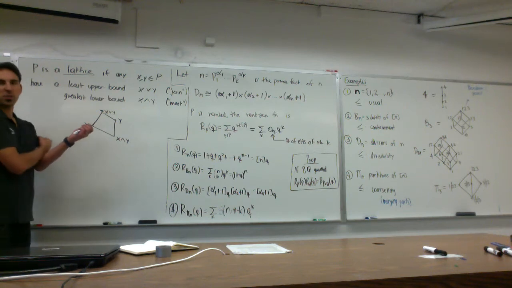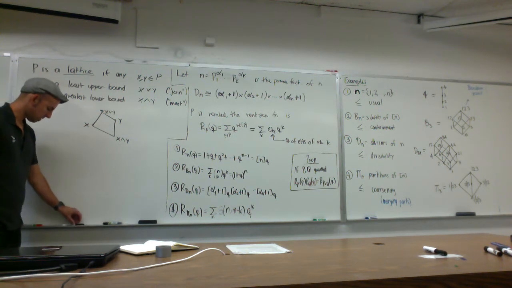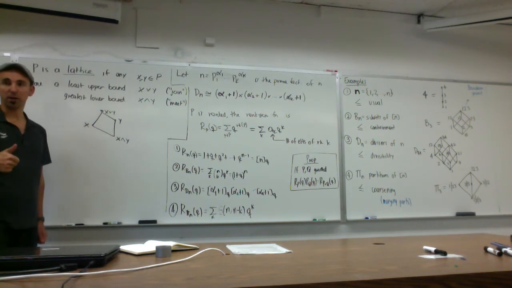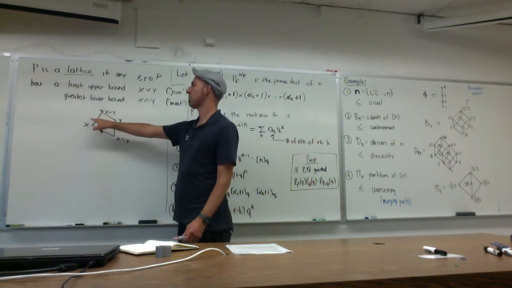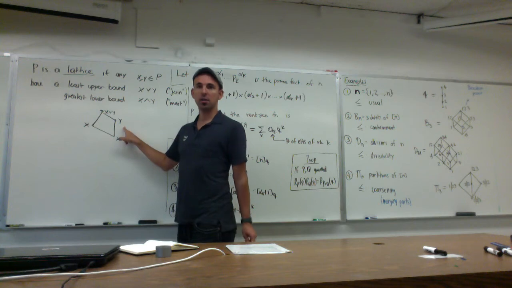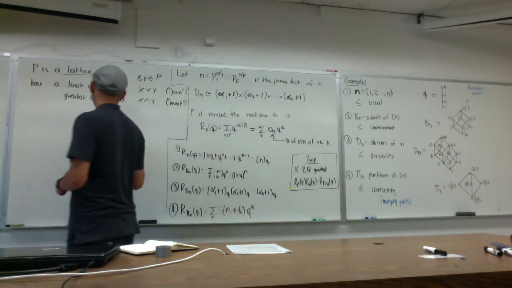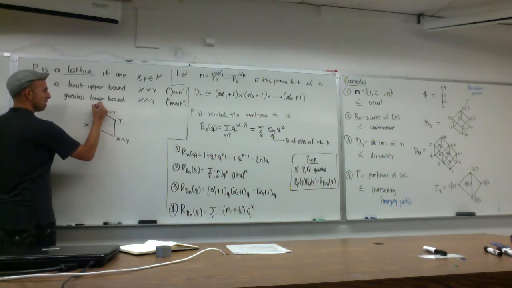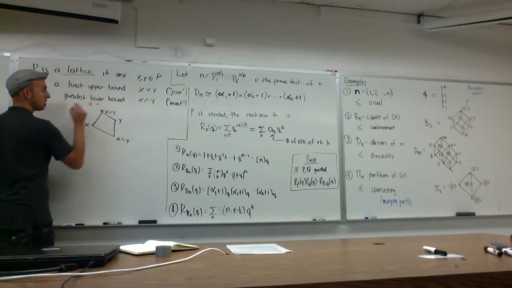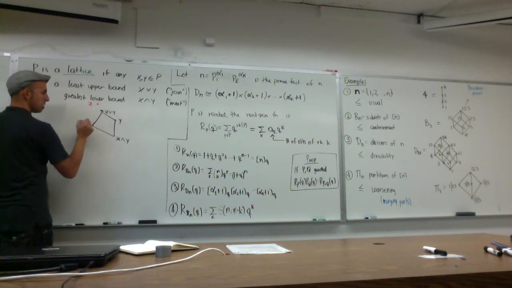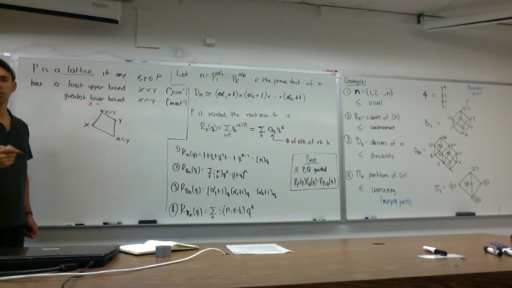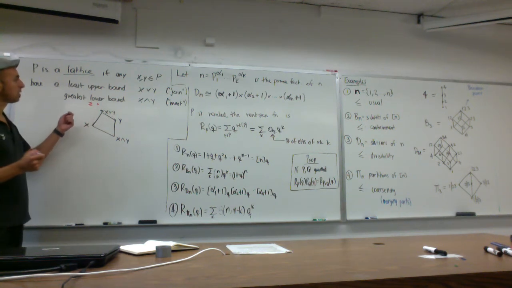And so what does it mean to be a least upper bound? Well, it means first of all that you are an upper bound. Right? So this guy needs to be bigger than x and y. But the other thing that it means is that if you have any other upper bound, z, and if z is bigger than x and is bigger than y, then z has to be bigger than the least upper bound.